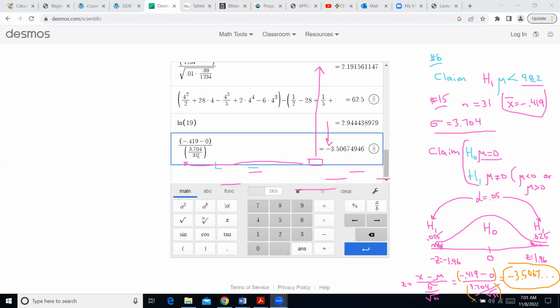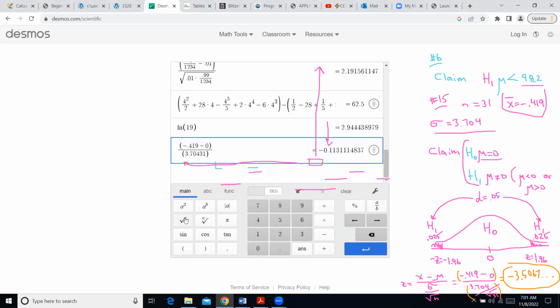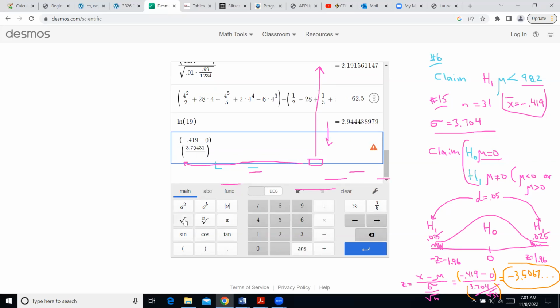I appreciate your double checking this because otherwise the answer would definitely not be correct, right? So let's put that like that, and then I delete. See what is going on. I wasn't careful, I think. I put divide by square root of 31. Okay. See, you're already better than I at calculating those z-scores.